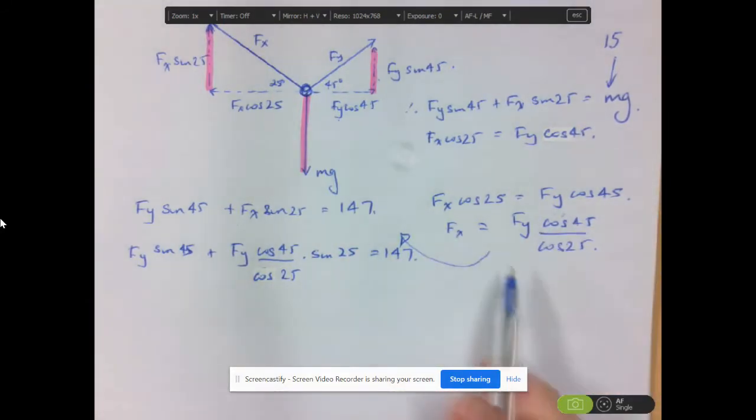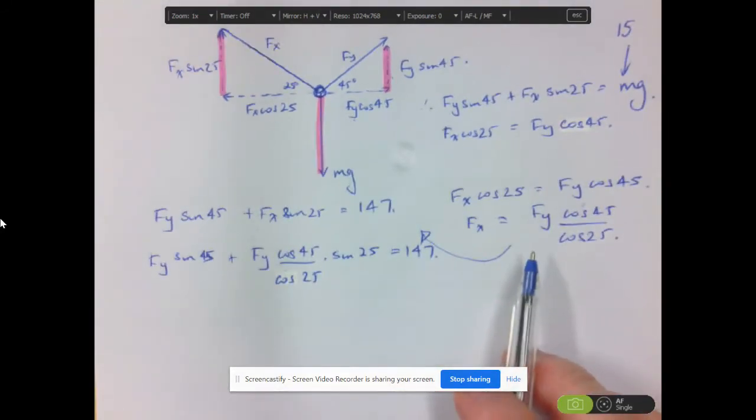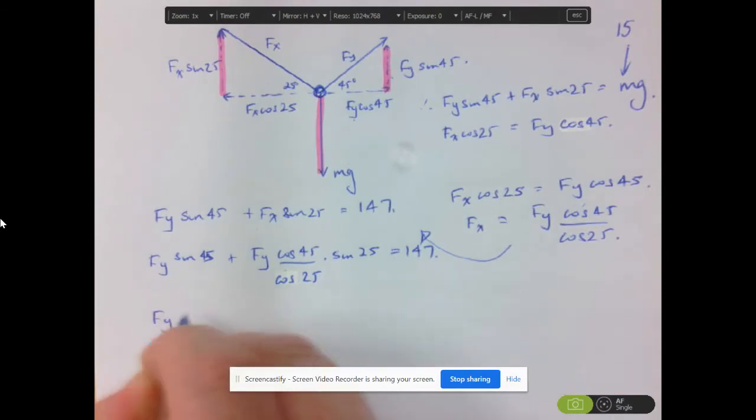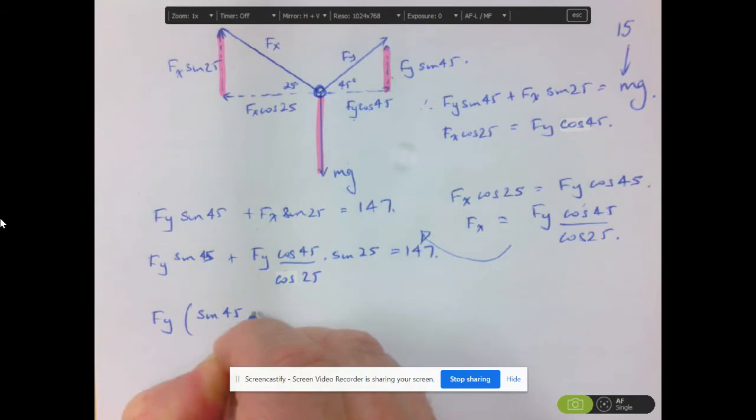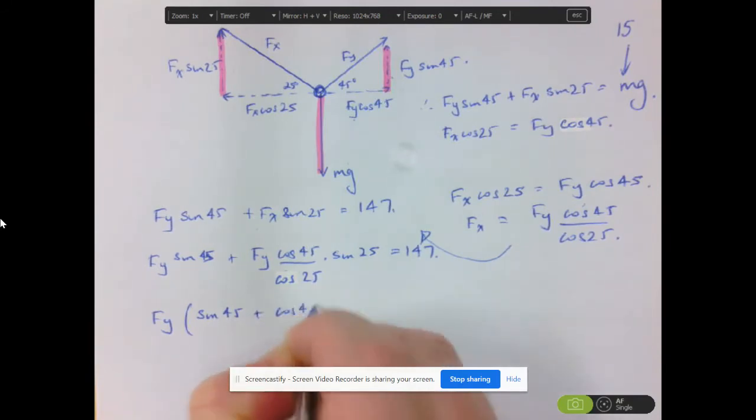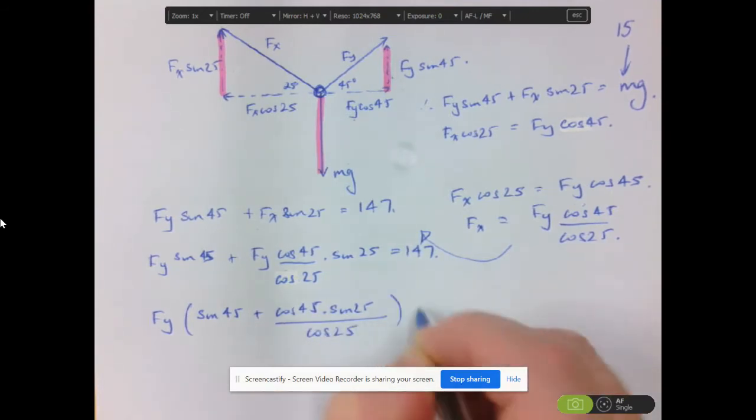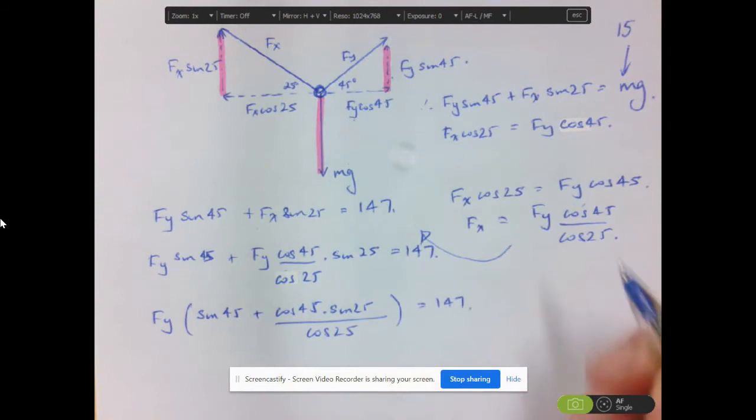Taking out Fy as a common factor, we have Fy outside of sine 45 plus cos 45 sine 25 over cos 25, and that equals 147.